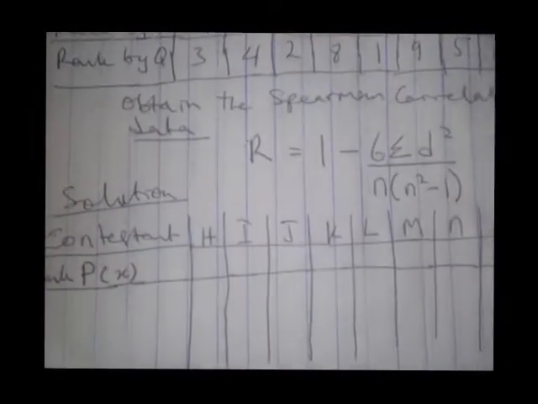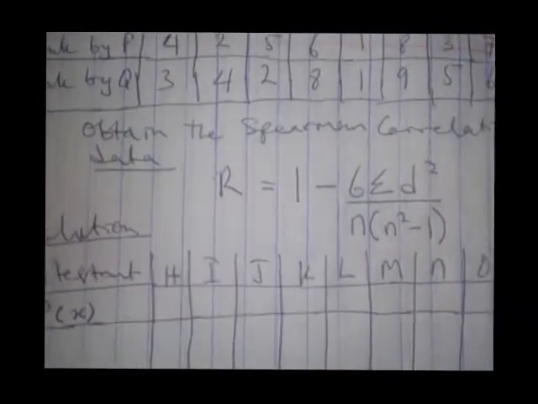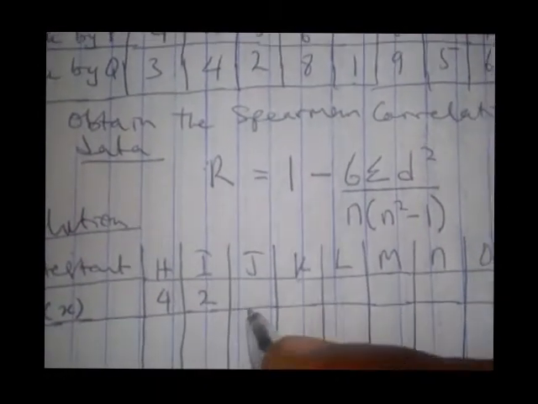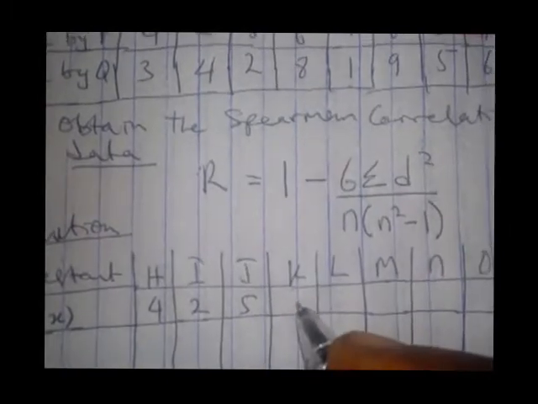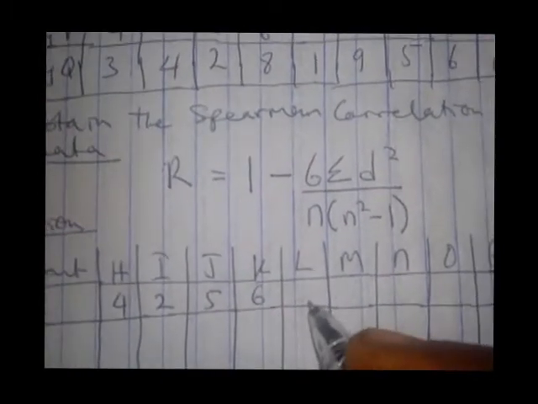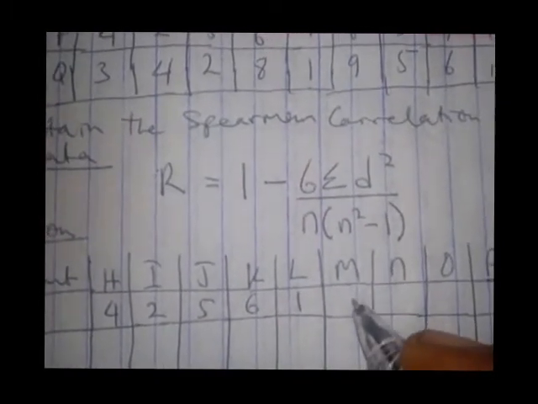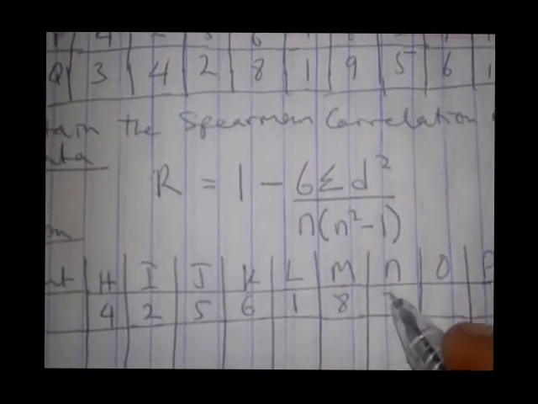We tag it as X. Now what are the items there? We have 4, 2, 5, 6, 1, 8, 3, 7, 10, 9.